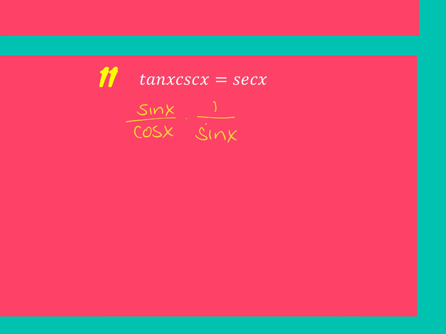So where can I go from here? Cancel the signs. And then 1 over cosine equals secant. Good.